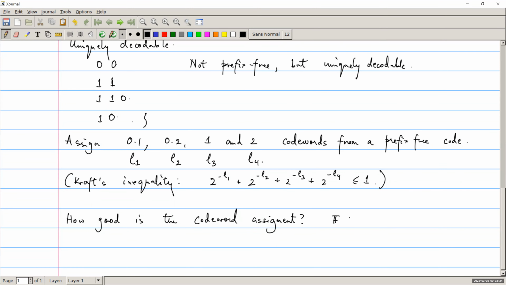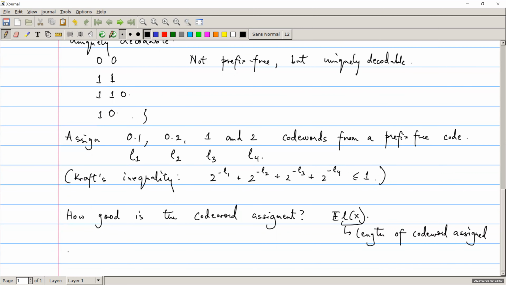So here we look at the expectation of the length of X. Remember, L of X is the length of the codeword assigned to X. In our particular example, the expectation of the length of X is P1 times L1 plus P2 times L2 plus P3 times L3 plus P4 times L4.